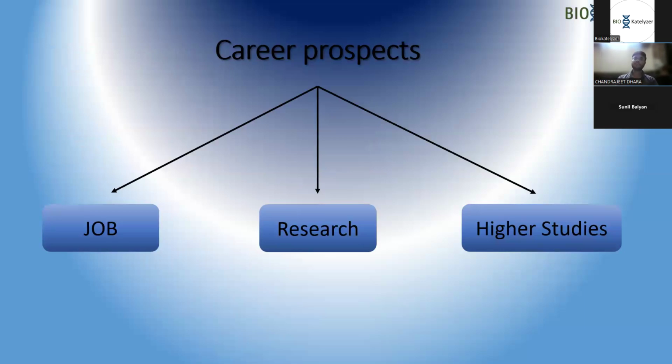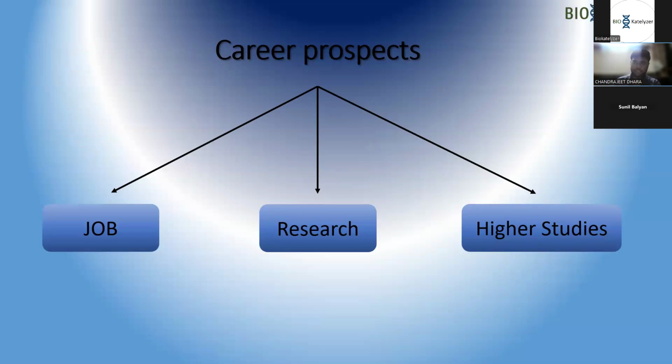Now the question arises, what are the career prospects? The students may be asking, I am in class 12. If I want to choose a career in biotechnology, what career prospects are there? Like job, research, or higher studies.